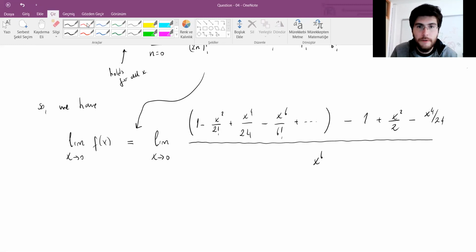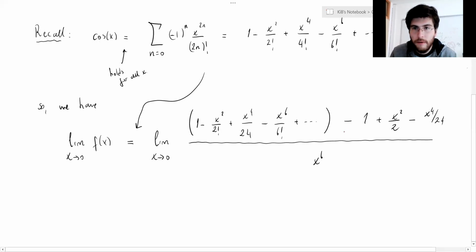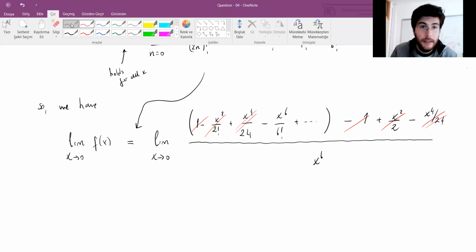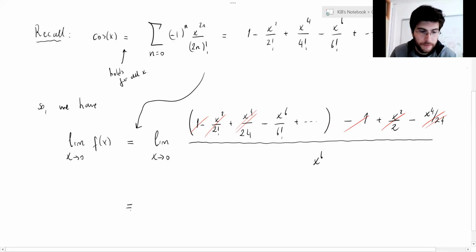If you look carefully, these cancel out each other, and similarly this term and that term. Okay? Let's see what we have. The limit as x approaches 0. The first term, you may see here, is x to the 6.